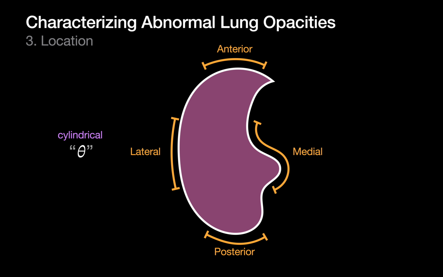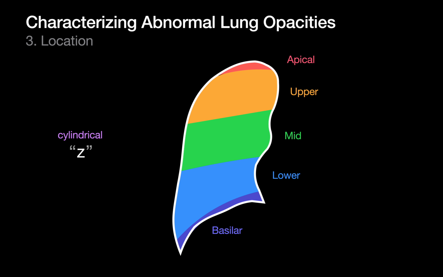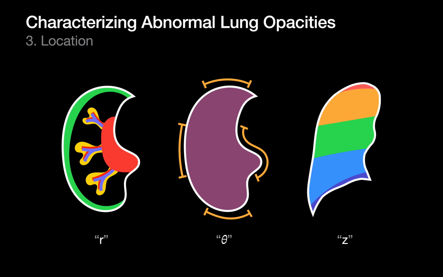For theta, which direction, we might use anterior, posterior, medial, or lateral. And for z, what level we're at, we might use apical, upper, mid, lower, and basilar. So it's basically the same idea as cylindrical coordinates. How far out, which direction, and what level are the opacities.